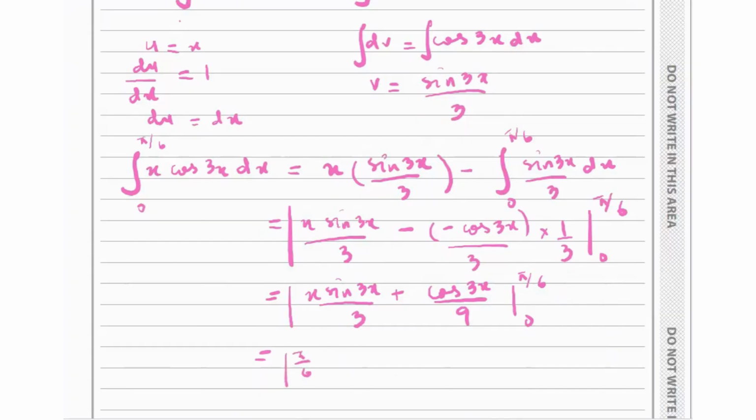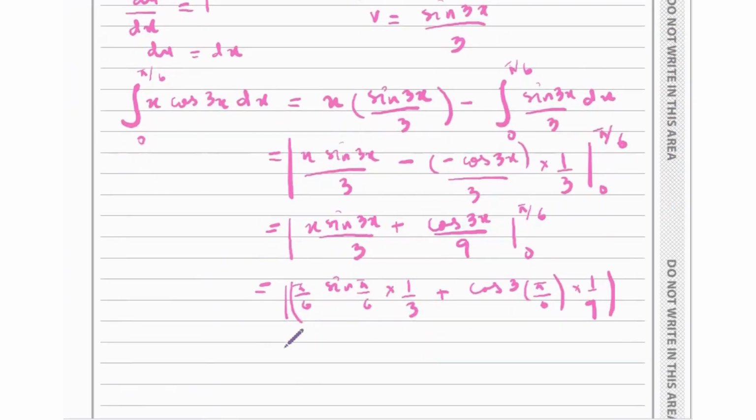Pi by 6 times sine of pi by 6 times 1 over 3 plus cos of 3 times pi by 6 times 1 over 9, minus 0 plus cos of 3 times 0 over 9.